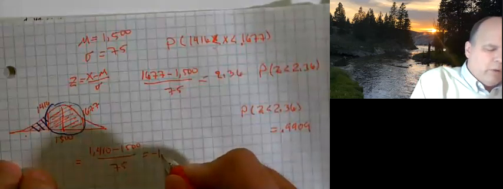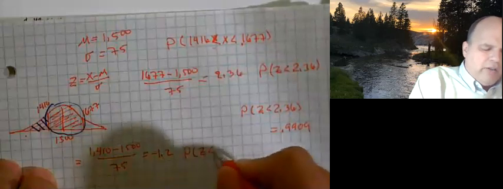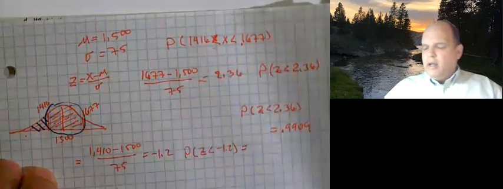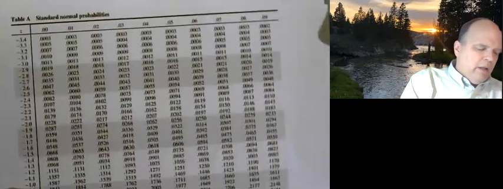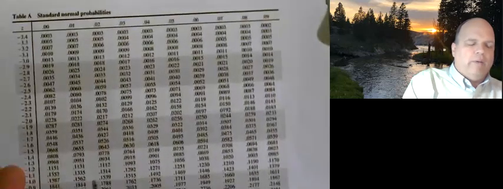So the probability that Z is less than negative 1.2 equals, and I need my negative Z-score table, make sure you have the right one, all right, is 0.1151.